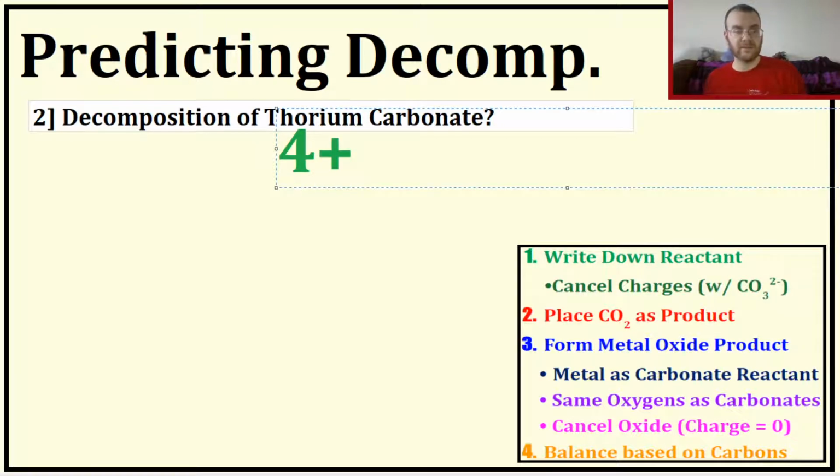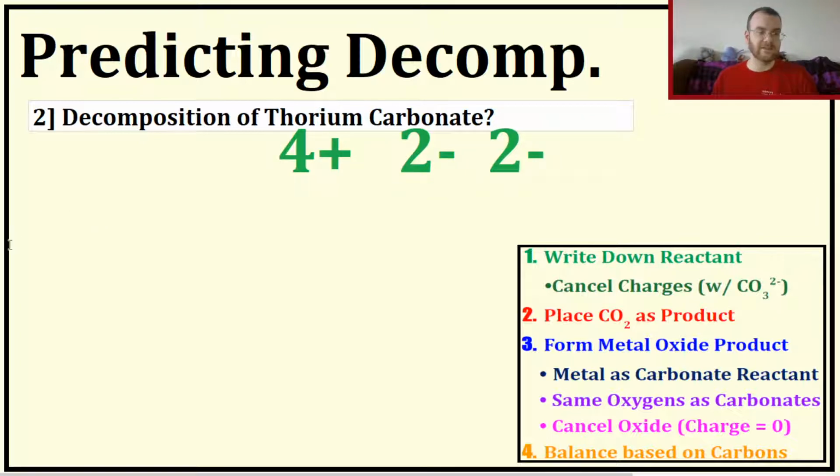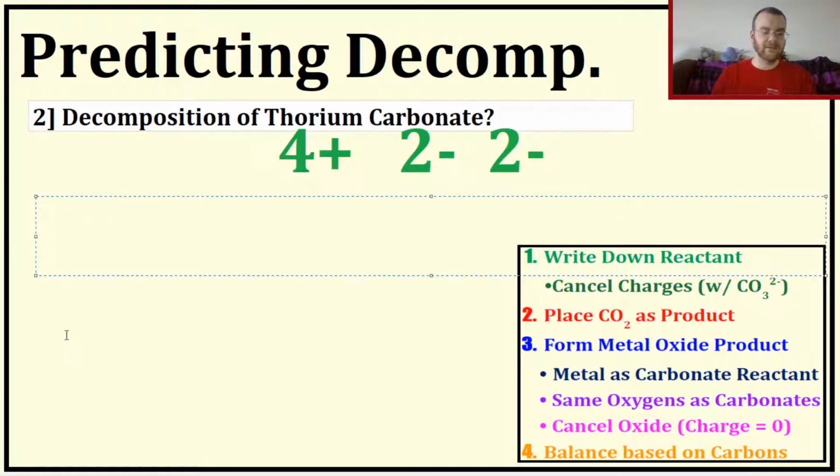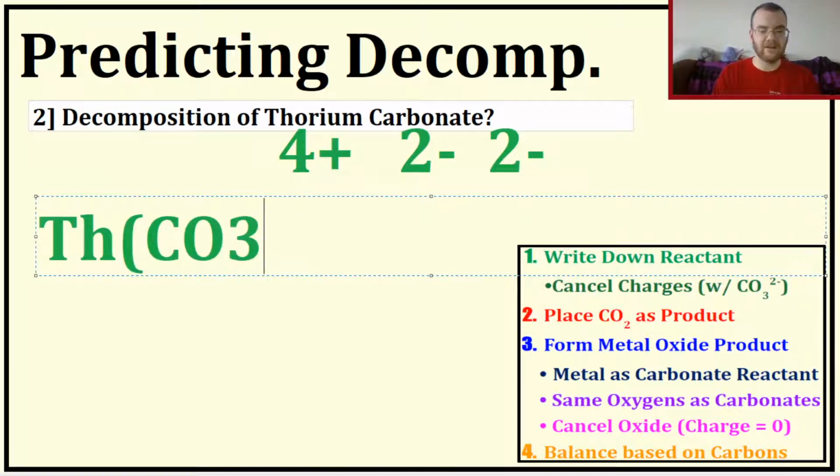So 4 plus going with 2 negative means we are going to need a second carbonate in order to cancel that out. So that's going to wind up making something very interesting looking when we type it out. Because we're going to have Th for thorium, and then we're going to need our carbonate of CO3. We're going to need 2 of them when it's all said and done.